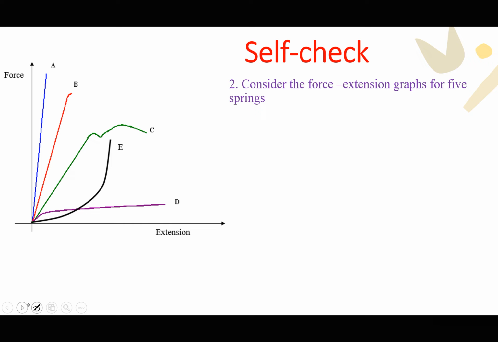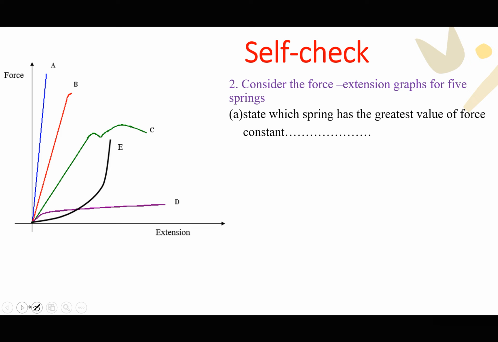So lastly, consider the force extension graphs for 5 springs. State which spring has the greatest value of force constant. The one which has the greatest value of K is the one which cannot easily stretch.